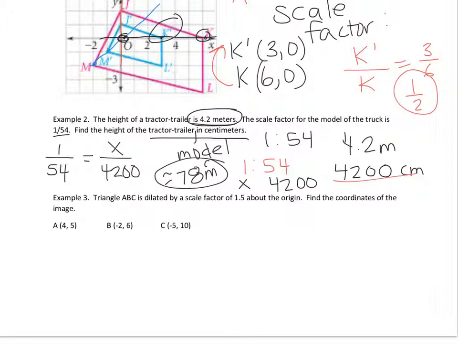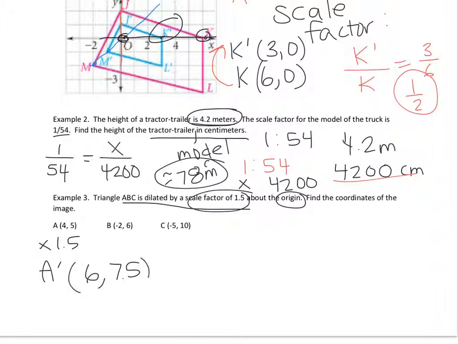Okay, triangle ABC is dilated by a scale factor of 1.5 about the origin. Find the coordinates of the image. Basically, if the scale factor is 1.5, you're going to multiply each one of these by 1.5. So A prime is going to be 6 and then 7.5.